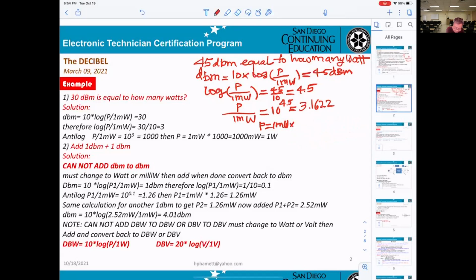Okay, so you get 31622 milliwatt, right? No, it should be 31.622 watt, not milliwatt.